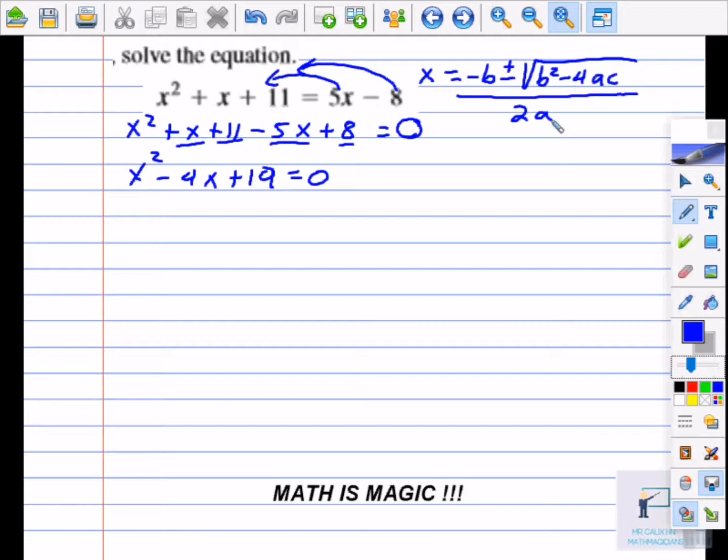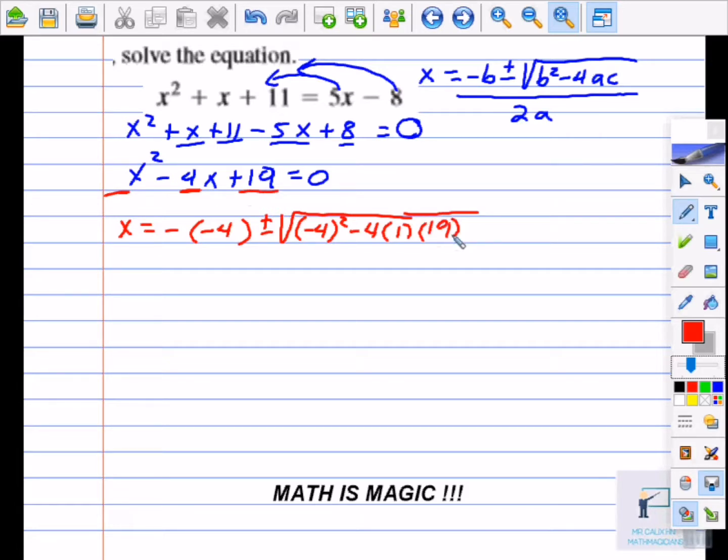If we substitute our information in that formula, x is equal to negative b, which would be negative negative 4. b is your second number here. Plus or minus because of the square root. Square root of b squared, again negative 4 squared, minus 4 times a. What would be a? a is your first number, that is 1, times c, that is your last number, that is 19.